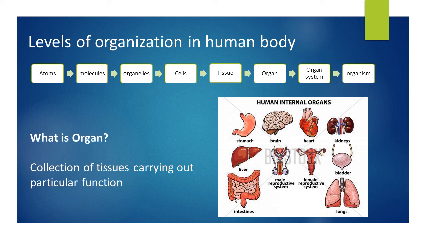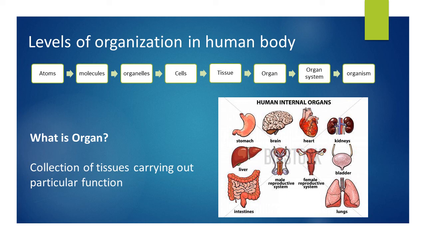And now we will see what is an organ. So an organ is a collection of tissues that carry out a particular function. Here you can see some of the organs present in human body.